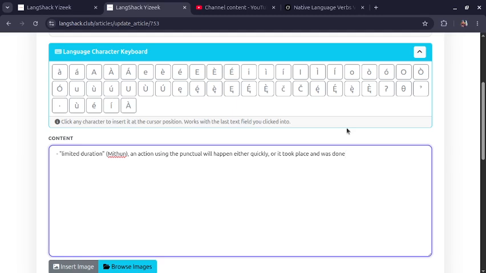This can also deal with hypotheticals. So we're talking like promising, or a what if scenario. And this is where the punctual indefinite would be used.